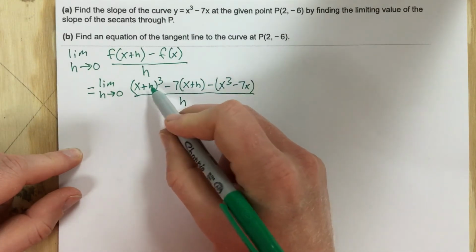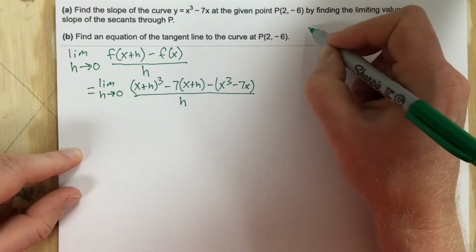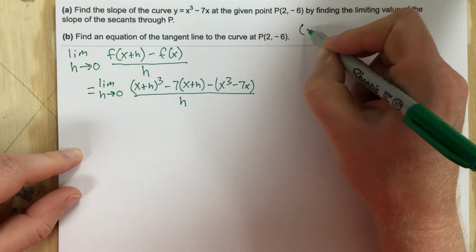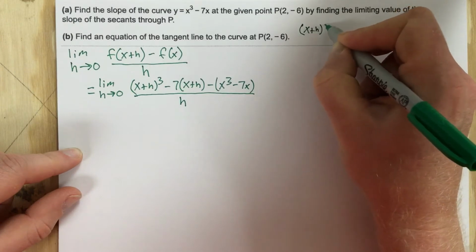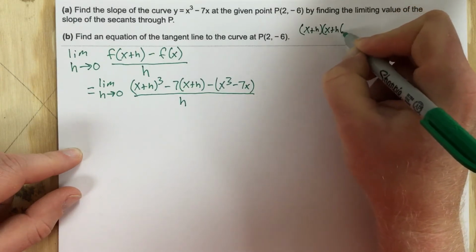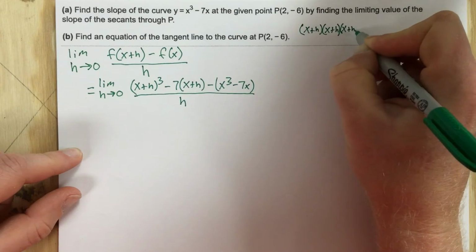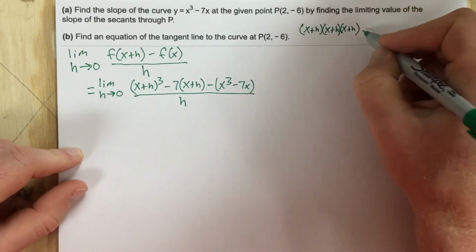So x plus h cubed. What is x plus h cubed? Well, we know x plus h cubed is x plus h times x plus h times x plus h.